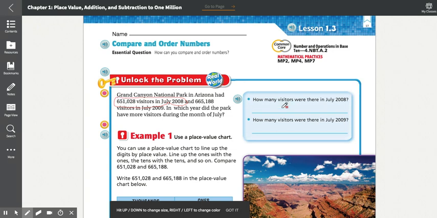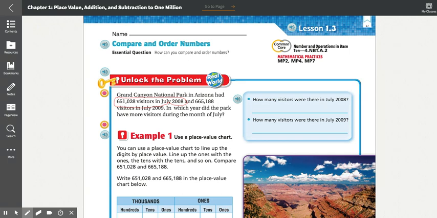So please write that number in the box here.